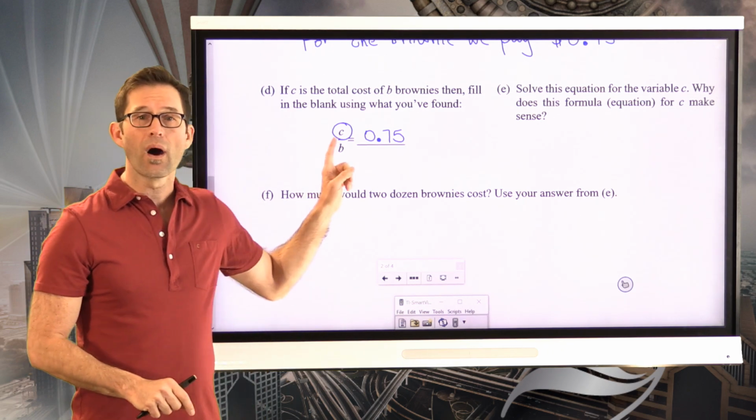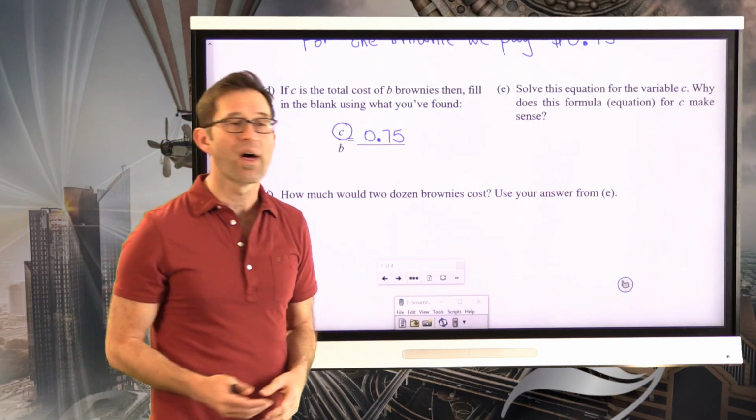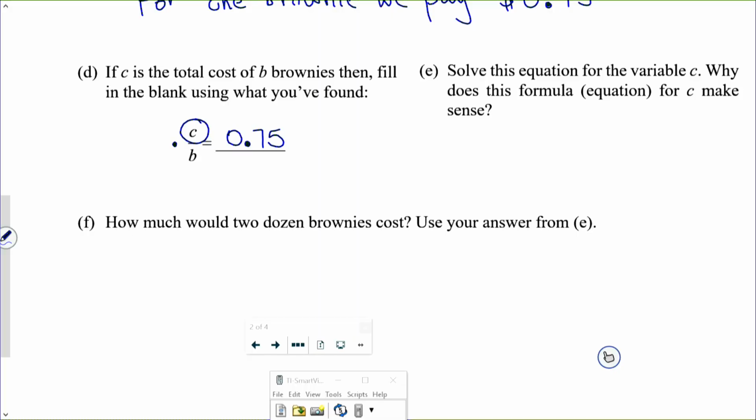What is going on with C here? We're dividing it by B. In order to not have that division by B, we multiply both sides by B. The B's cancel out, and we get C equals 0.75 times B.